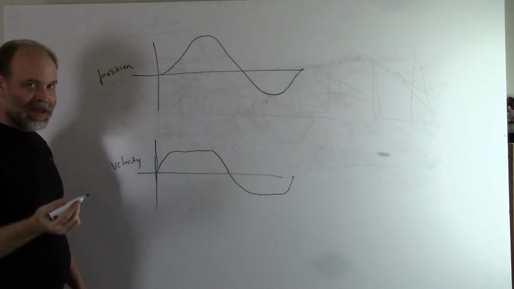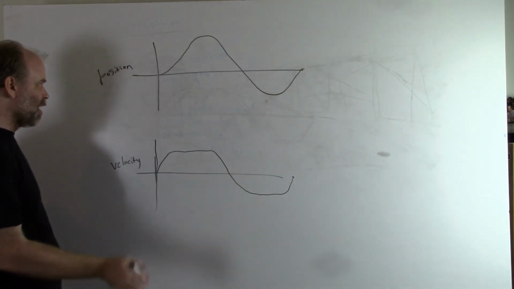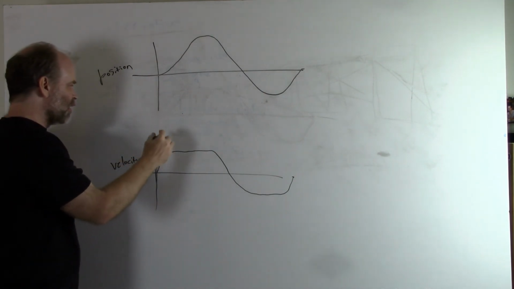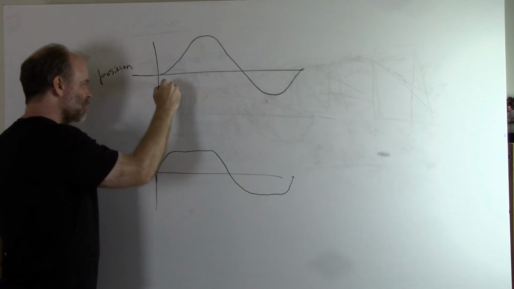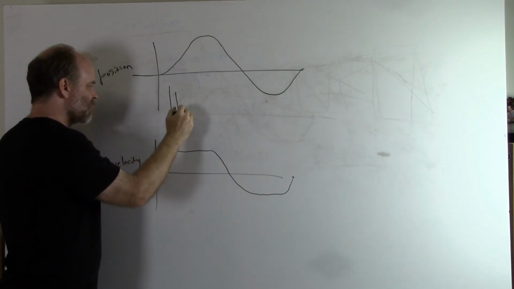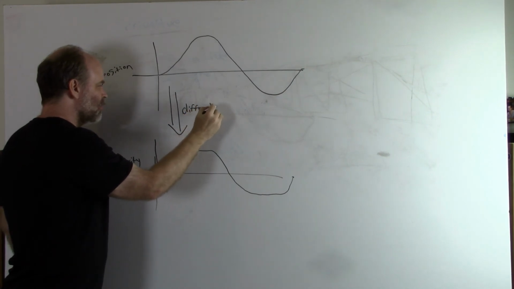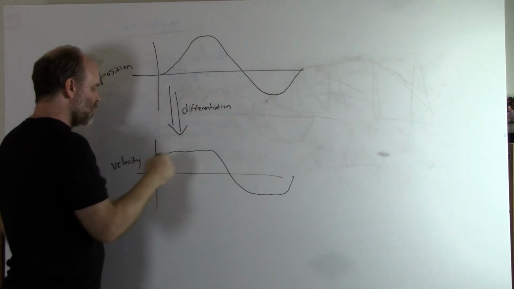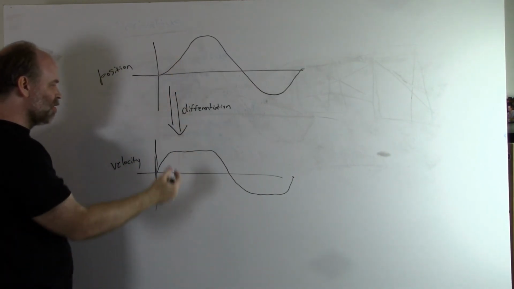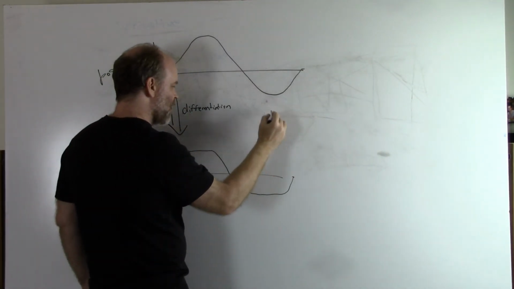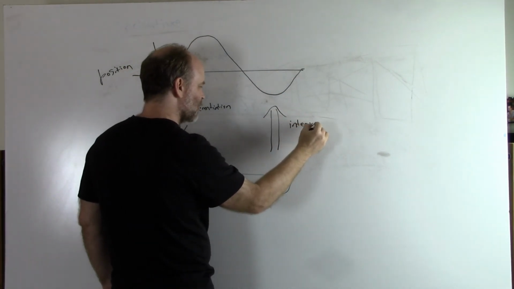Now, we already said that differentiation is the process of, for example, going from position to velocity. So getting from this graph to this graph, that is differentiation. On the other hand, going from velocity to position, basically going the opposite direction, that is integration.